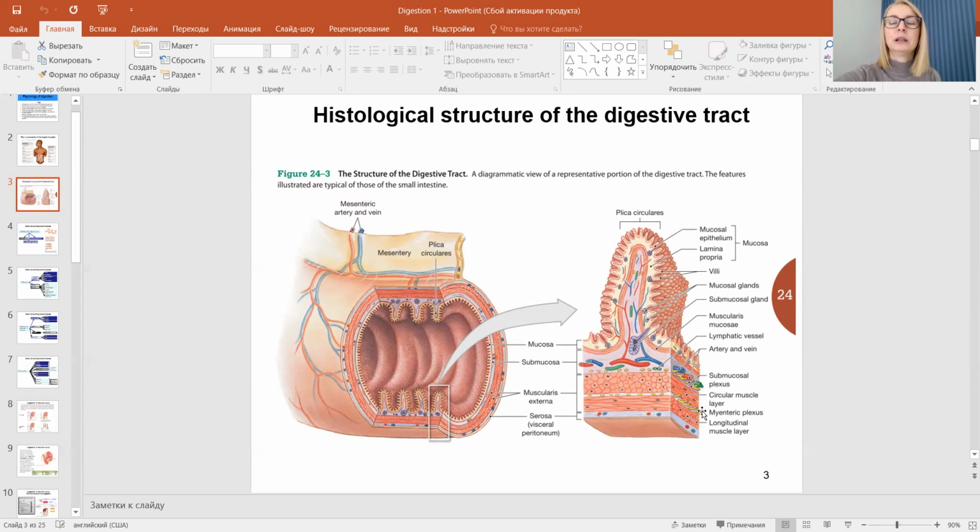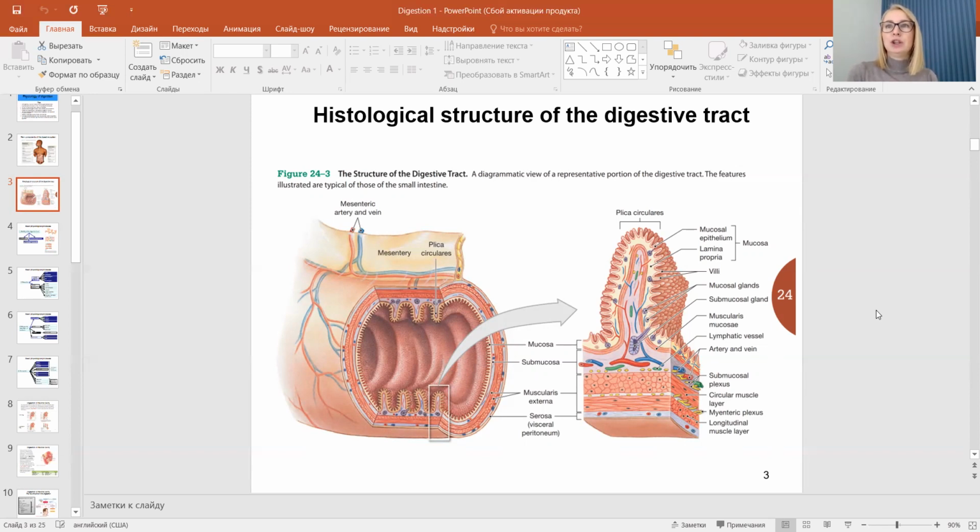And the last tunic, the outermost tunic, is the serosa or adventitia. Some regions of the digestive tract are covered by peritoneum and other regions are not. The peritoneum, which is a smooth epithelial layer, and its underlying connective tissue are referred to histologically as the serosa.